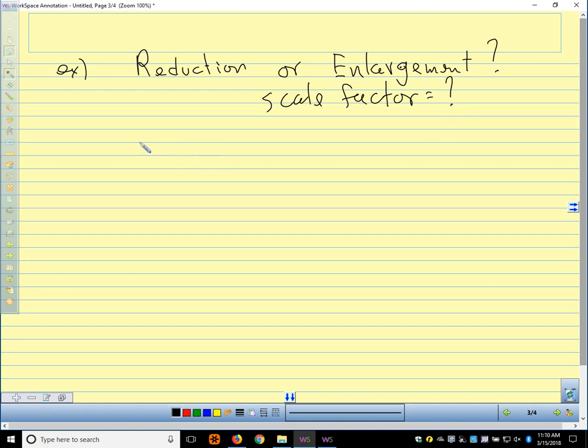And I'm going to say we're doing some dilation of some scale factor of triangle ABC, and we know that equals triangle A prime, B prime, C prime.